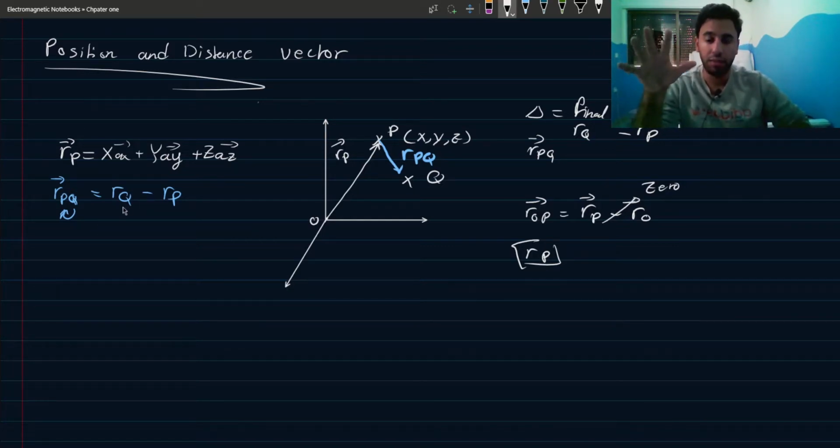Now, let's apply what we have applied at subtraction to this formula.